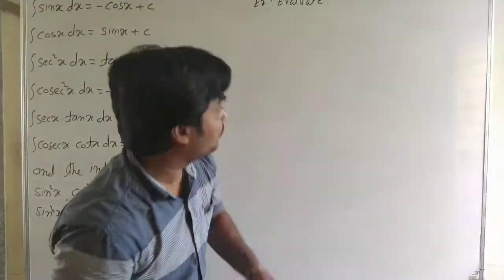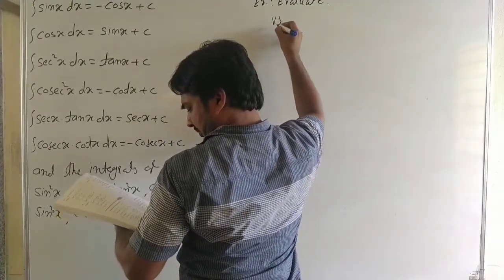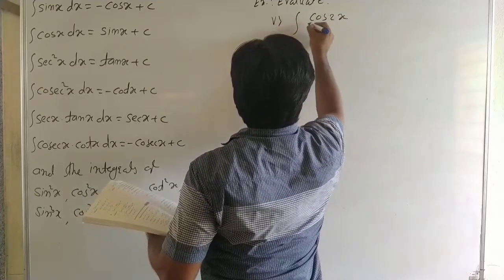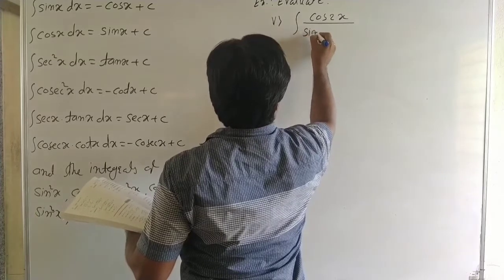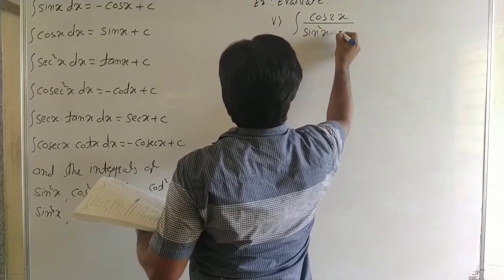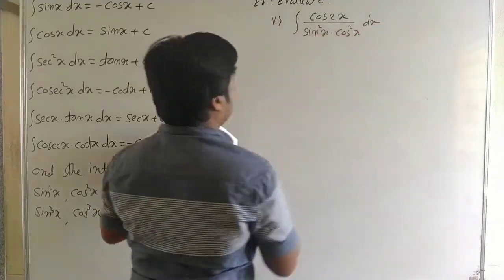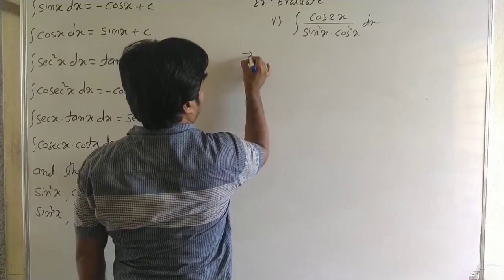Now next, fifth example: the integral of cos 2x upon sin square x into cos square x. Okay, same concept. Here we use the formula for cos 2x.